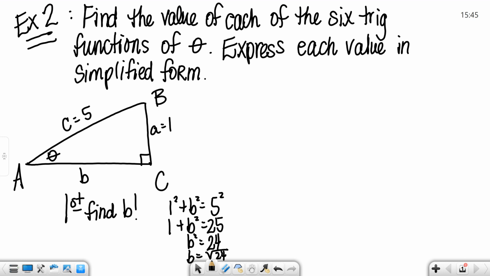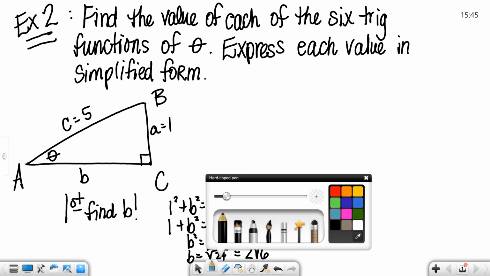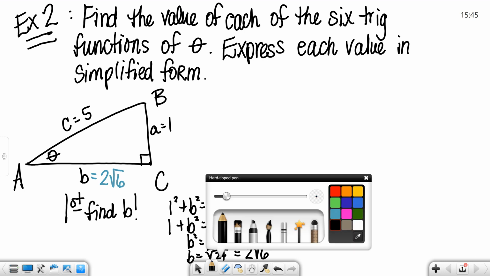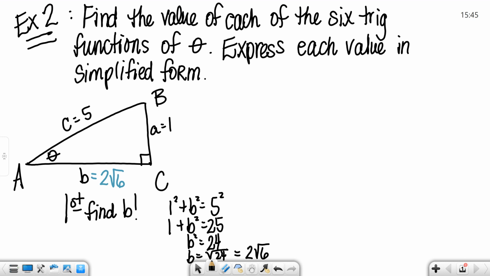So the square root of 24 is 2 times the square root of 6. Awesome. I'm going to write that in a different color because I didn't originally know that. Now I'm ready to find sine, cosine, tangent, cosecant, secant, and cotangent.